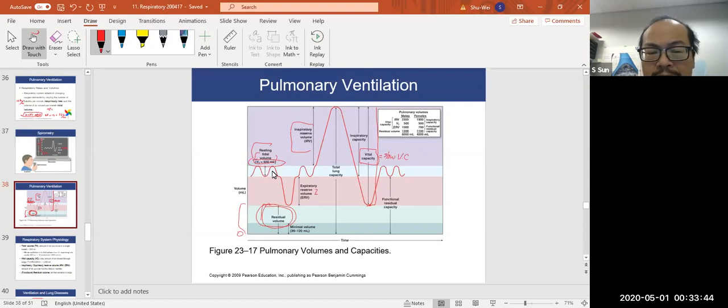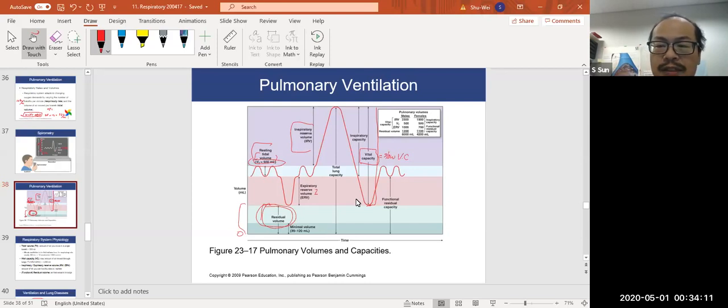And then another measure is the slow vital capacity, or just vital capacity. That's the largest amount of air that we can use in the lung. So one is the normal, resting breathing, the amount that you breathe in and out.